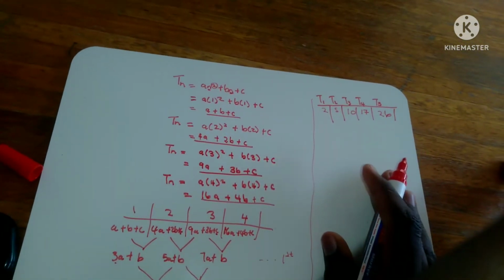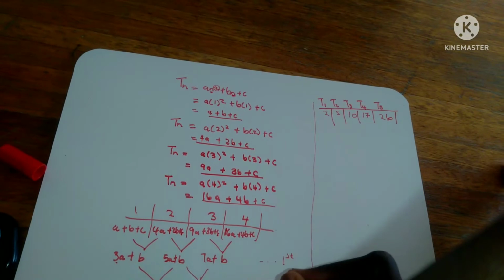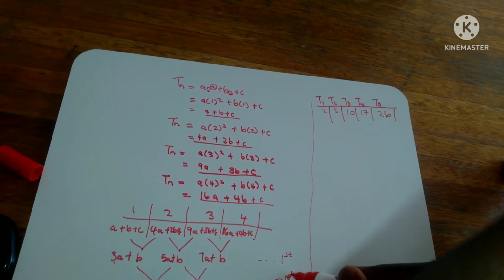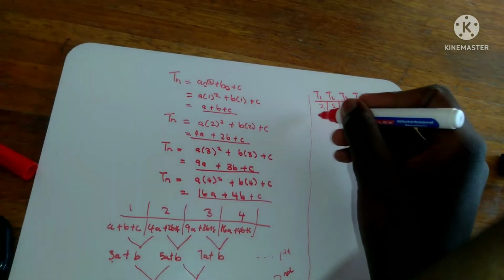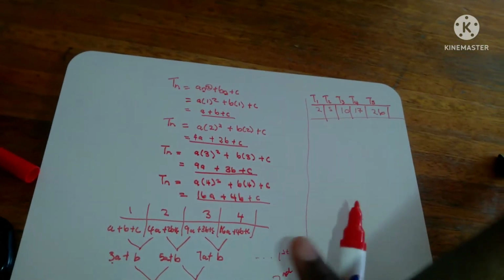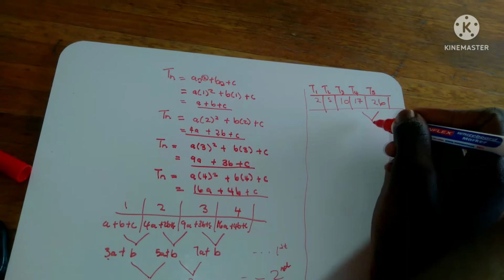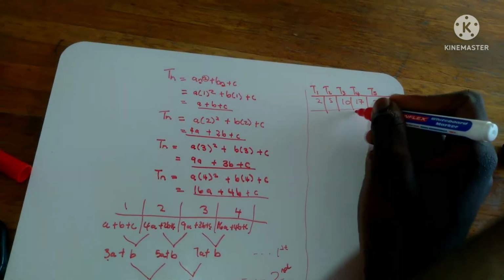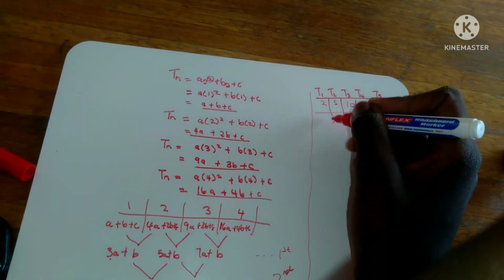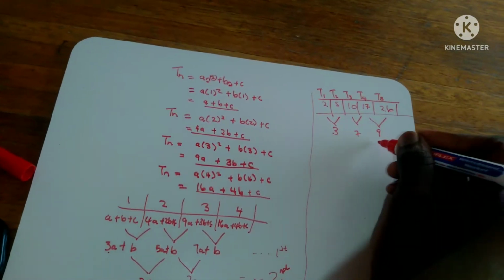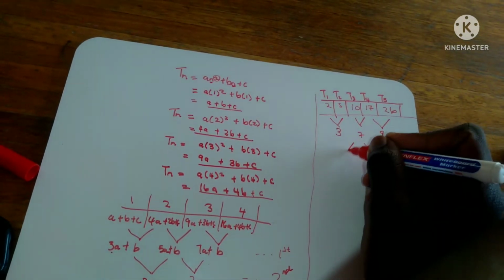So let me just write this second difference. And now, to be able to conclude this, first of all, let's find the difference here. We did that in another previous video. 3, 5, 7, 9. Therefore, these are not the same. We have to find the second difference.